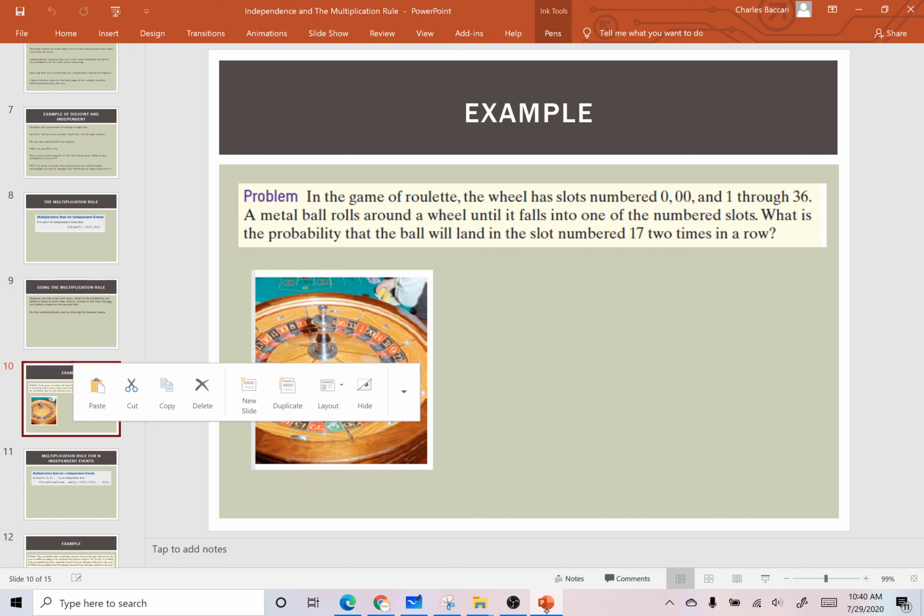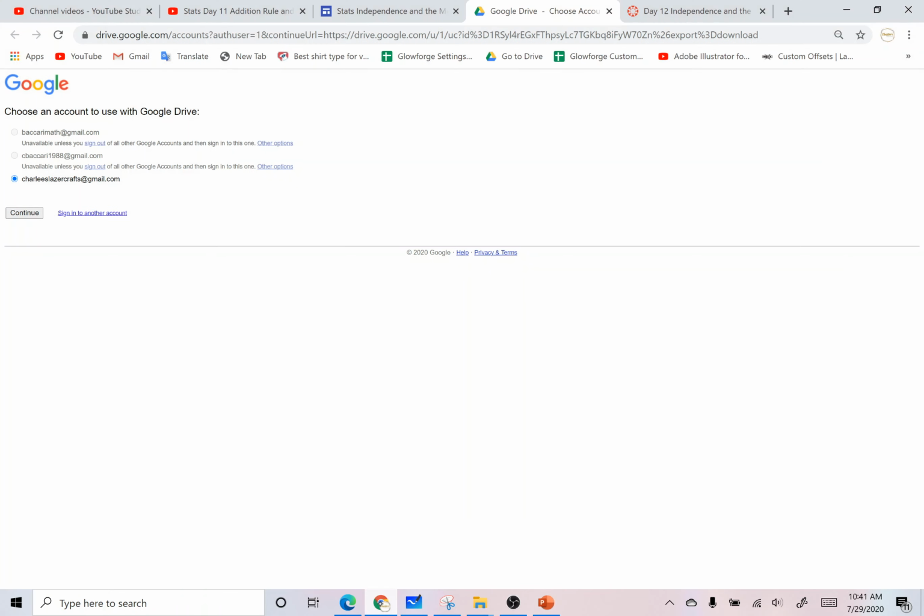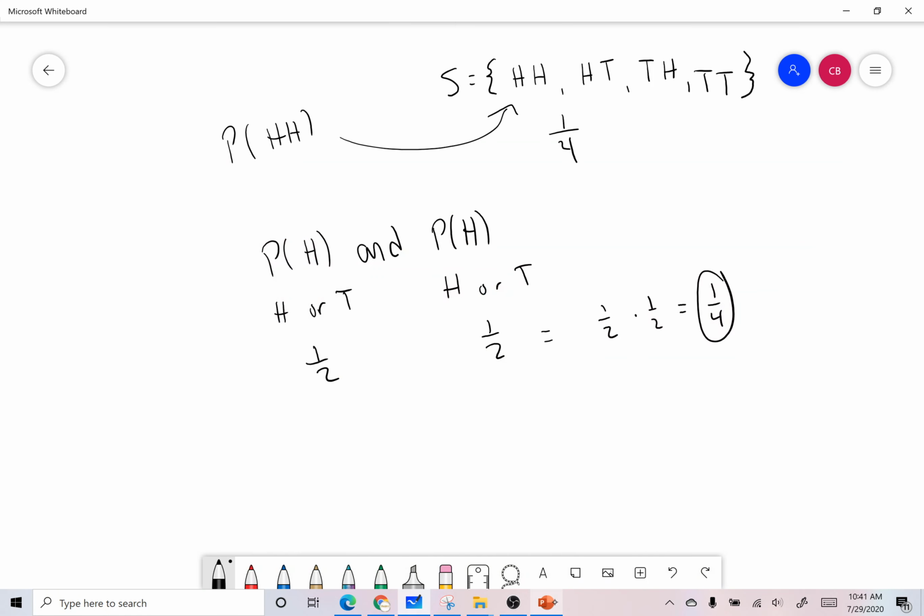In the game of roulette, the wheel has slots 0, double 0, and 1 through 36, meaning there's 38 numbers. A metal ball rolls around. What is the probability the ball will land on the slot number 17 two times in a row? So we're going to put things in boxes. We want to know the probability of 17 in roulette.